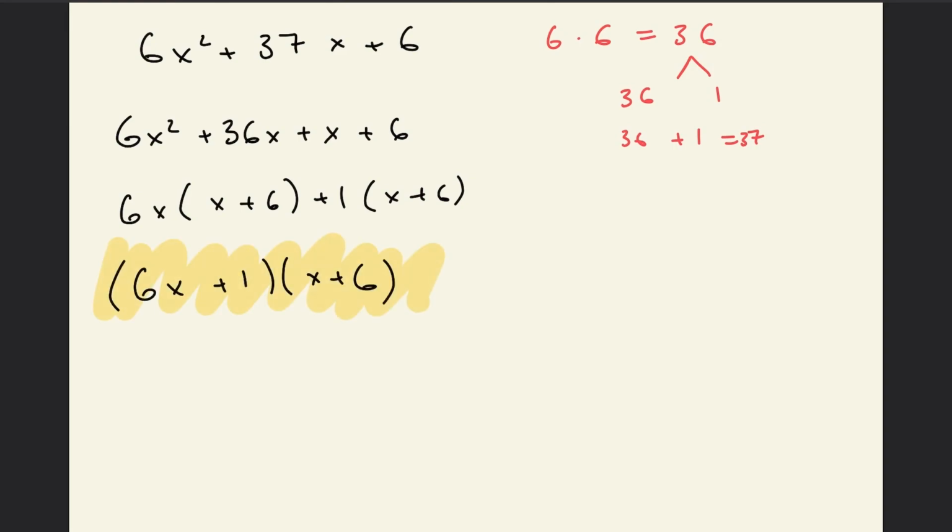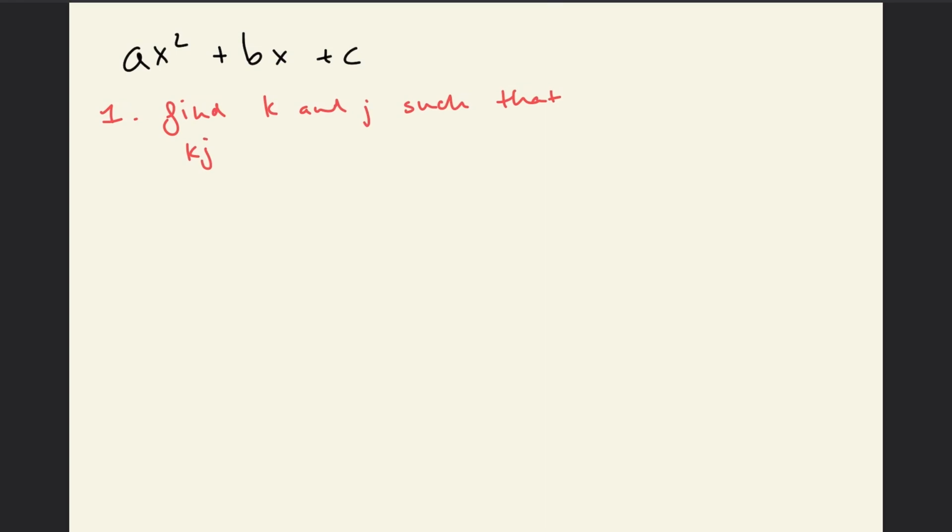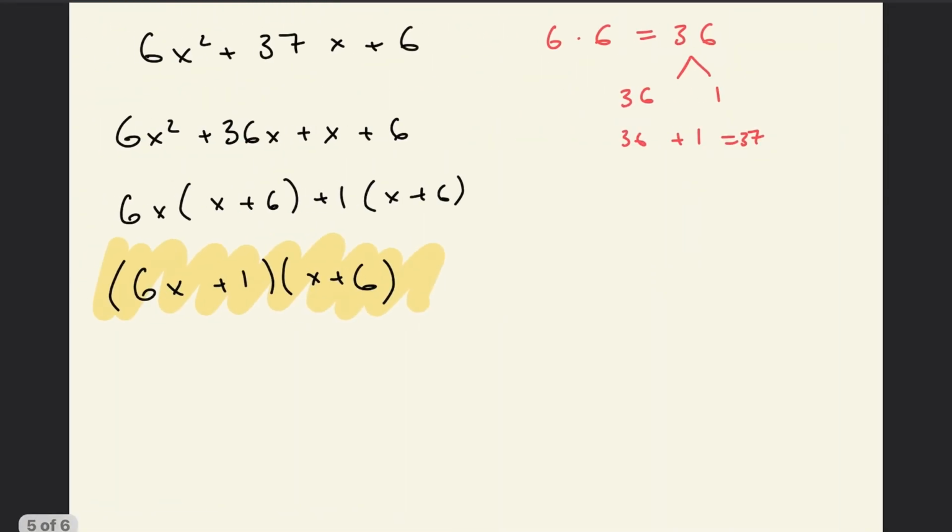Makes sense, right? So let me write this in step form, just in case, so it's easier for you to understand. We have ax squared plus bx plus c. Our first step is to find k and j such that kj equals ac, and k plus j equals b. This is exactly what we were doing over here. This is our k, this is our j. They add to give b, they multiply to give ac.